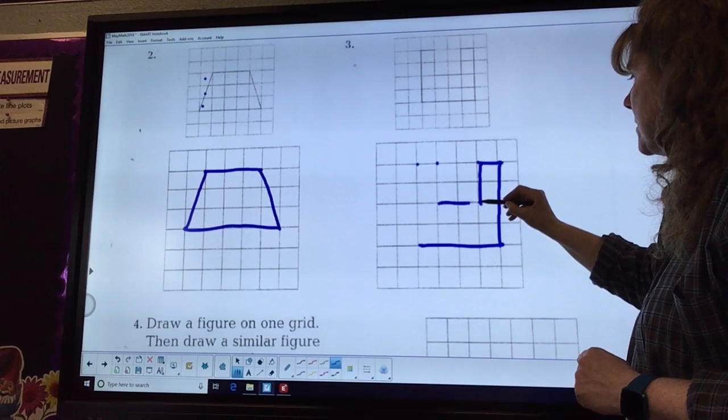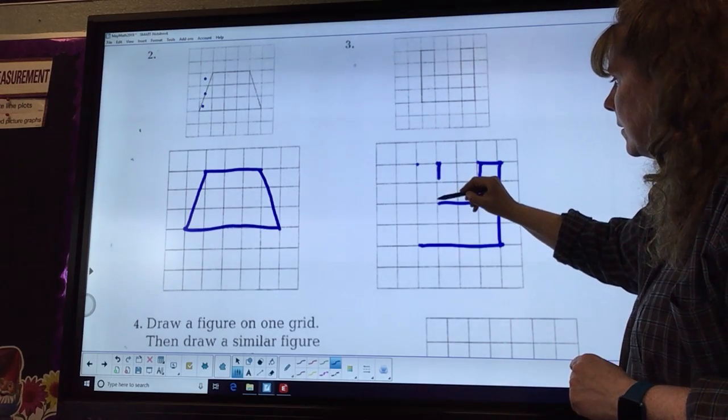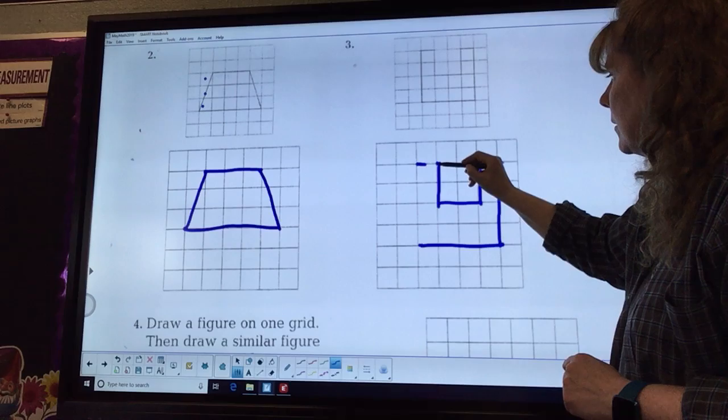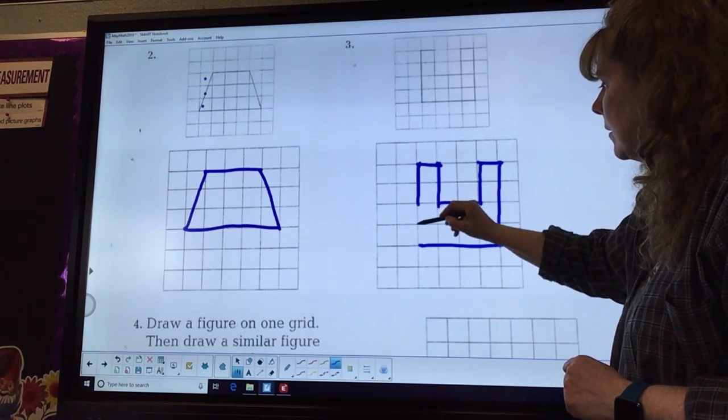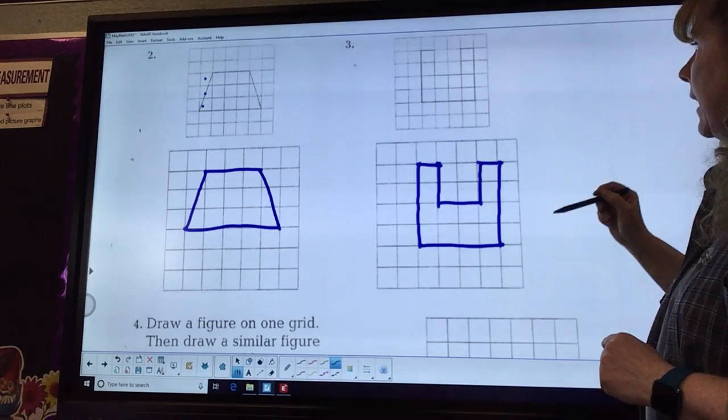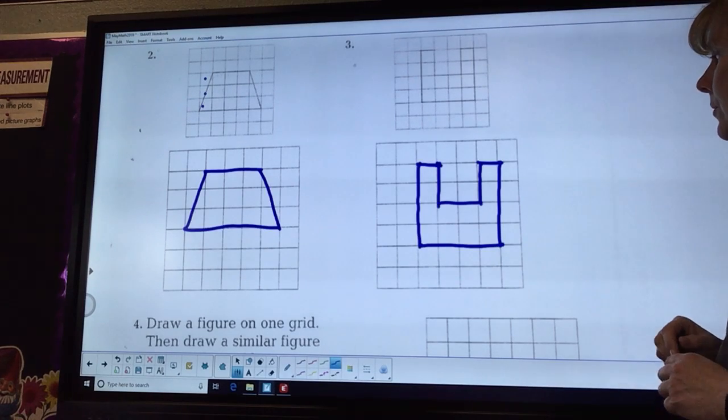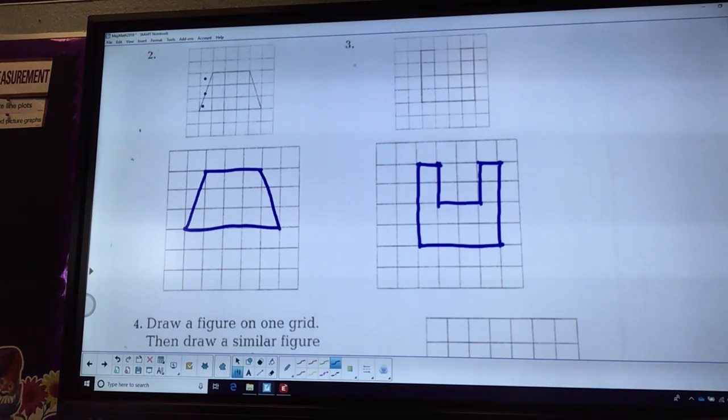I'm going to go across there. Okay, and your figure should look similar to what you drew up above.